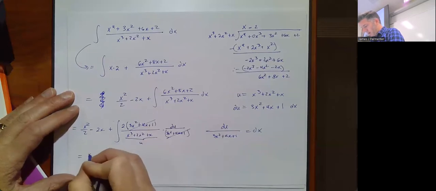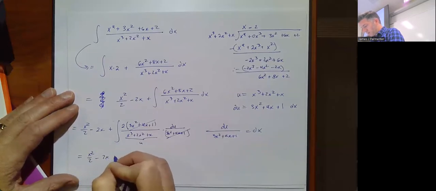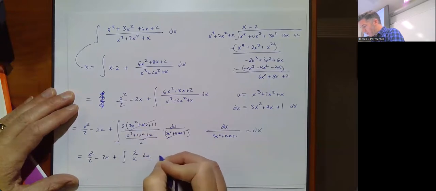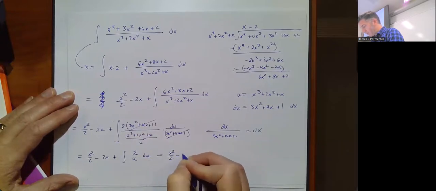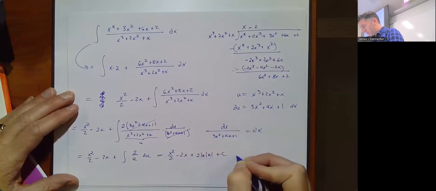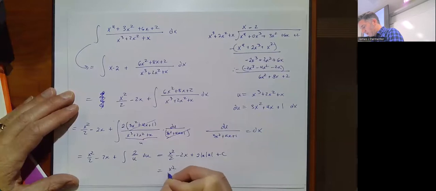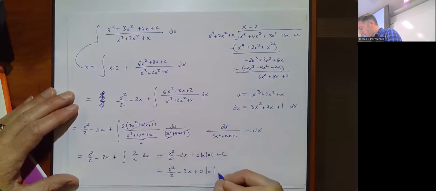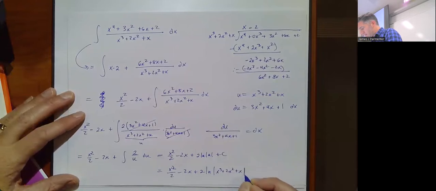So I end up with x squared over 2 minus 2x plus the integral of 2 over u du, which is x squared over 2 minus 2x plus 2 natural log of the absolute value of u plus c. And then finally plugging back in what our u is, I get 2 natural log of the absolute value of x cubed plus 2x squared plus x. Fun times.